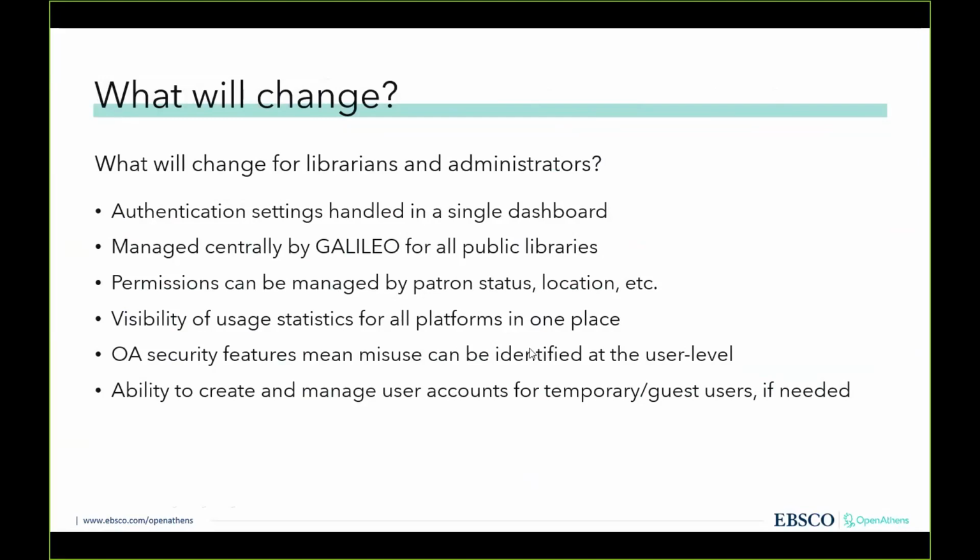And for administrators, the beauty of that is that it's all in a single dashboard. So we're no longer going to different places to manage authentication with different tools, proxy service, other single sign-on, and so on. It's all in a single dashboard. And that dashboard will be managed centrally by the Galileo group and Russell's team for all of the public libraries.